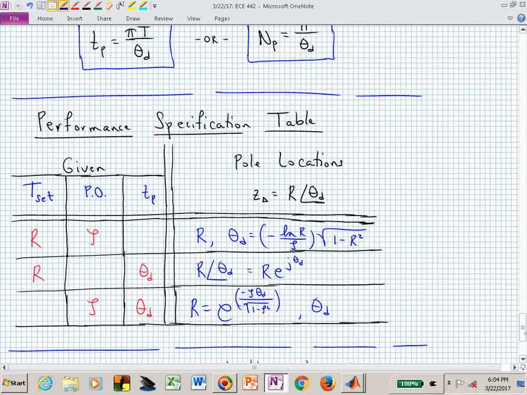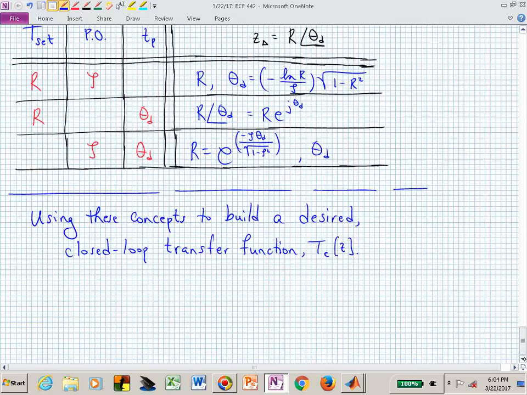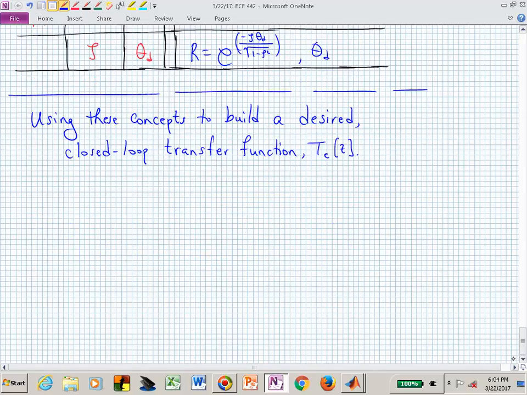Let's apply these to a particular problem. Suppose we now want to find a desired transfer function. So let's say that we now have the following example.